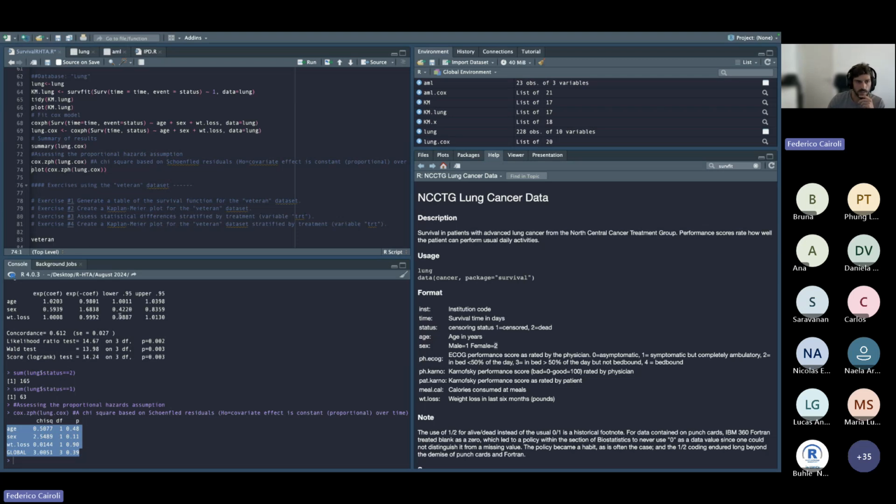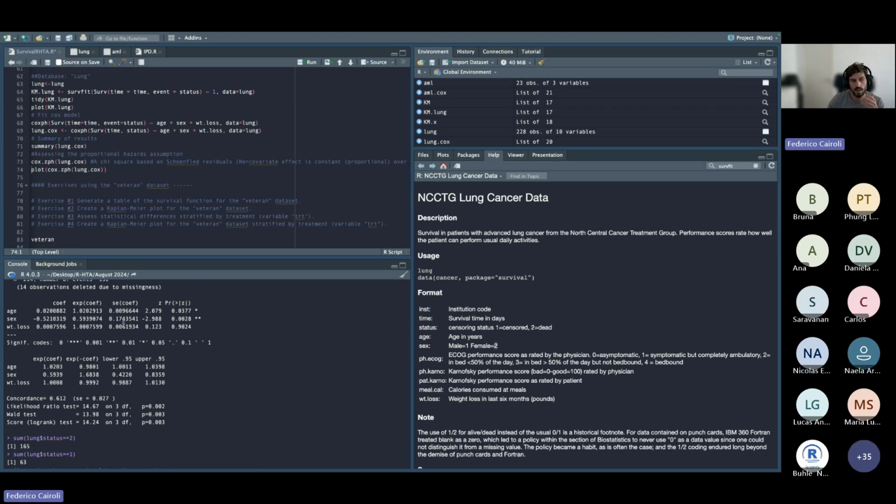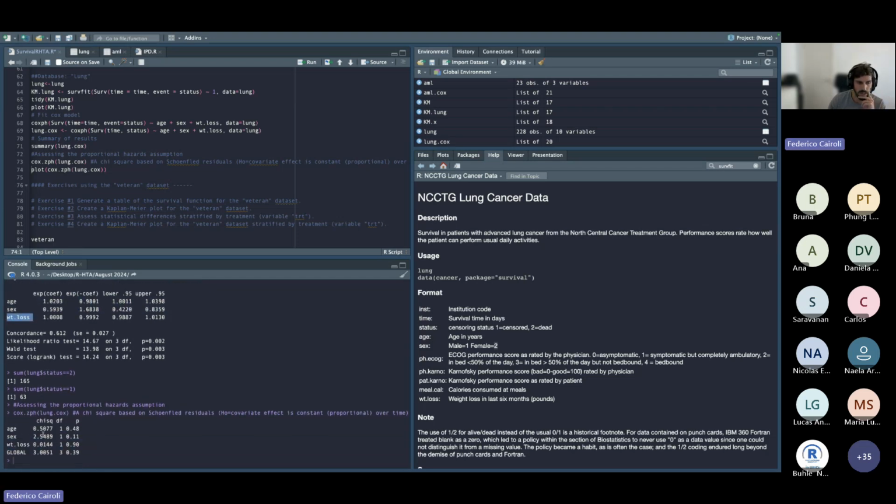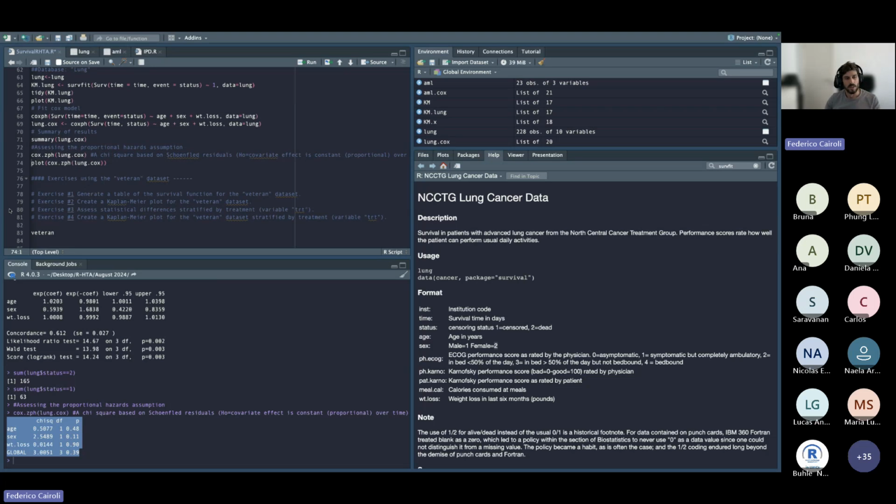So using this information, you can predict that in this lang database, when your patients are older, they will have a higher hazard compared with younger people, and females are going to have a lower hazard compared with males. And then we cannot predict anything with weight loss. But we can use this model because there is no violation of the proportional hazard assumption. So, well, this was all.